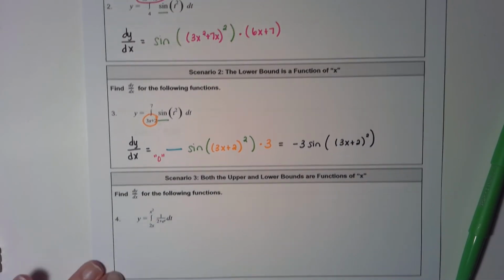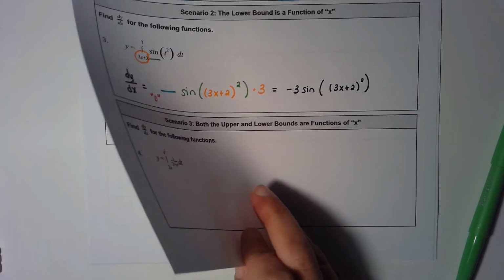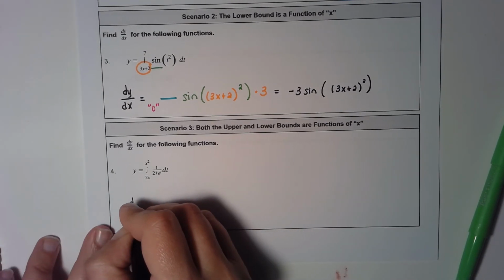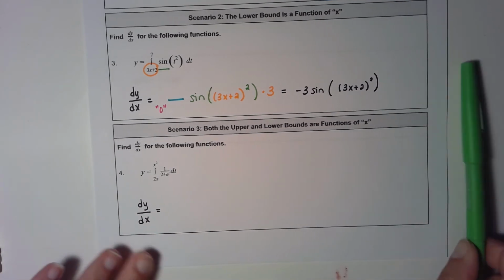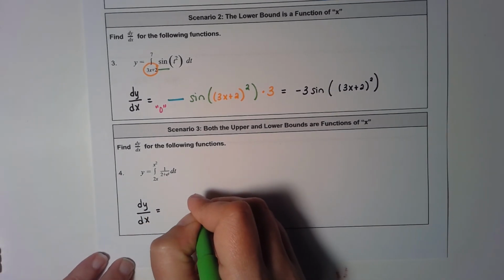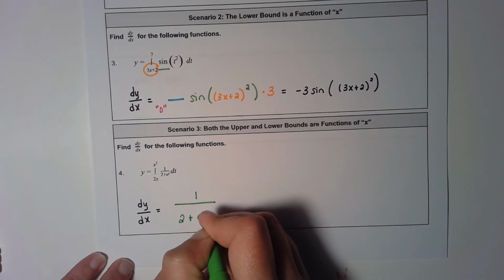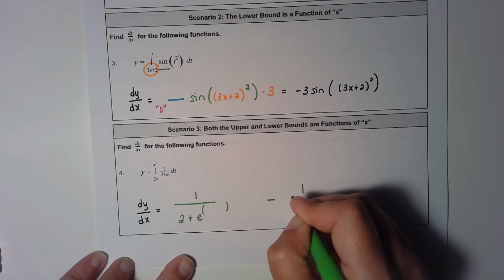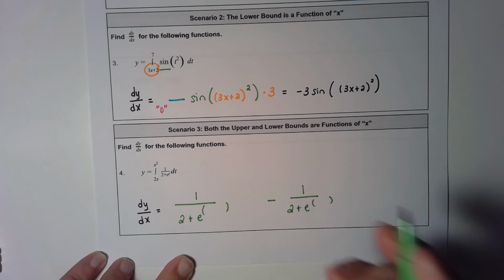What if both the upper and the lower bounds are functions of x? So what do we do if everybody is a function of x? Well, in that scenario, you're just going to do what we did in the first example way back at the beginning. You're going to keep the original function. So it's going to be 1 over 2 plus e to the something, and there's going to be a minus, and it's going to be 1 over 2 plus e to the something.